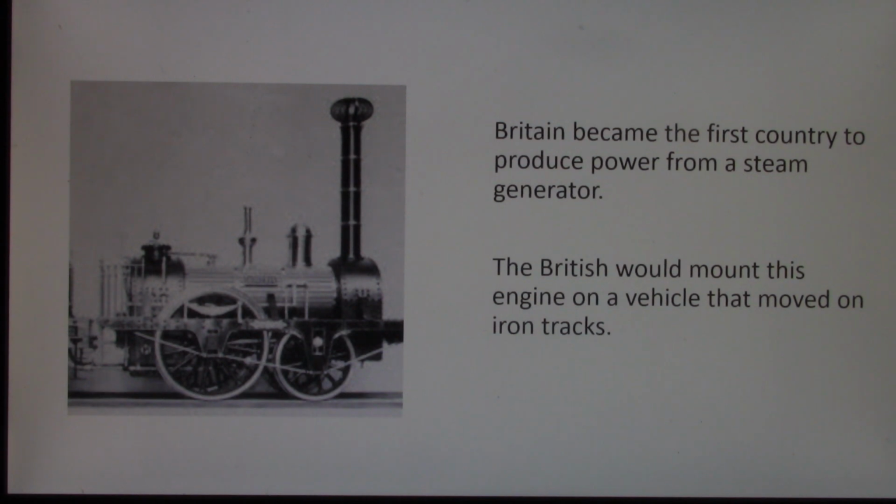This is where we light a fire and the fire boils water, and the water is necessary to turn pistons. You can see here that the British have taken their steam engine and they have hooked it up to rotating wheels, and this would be an example of a train.